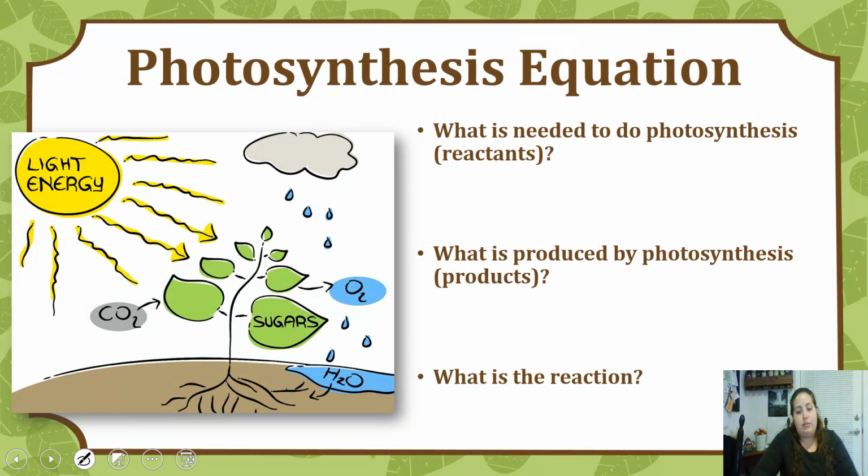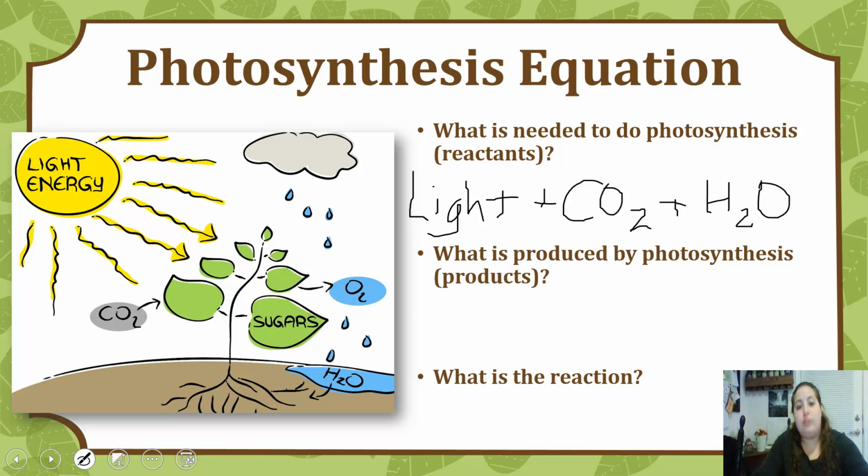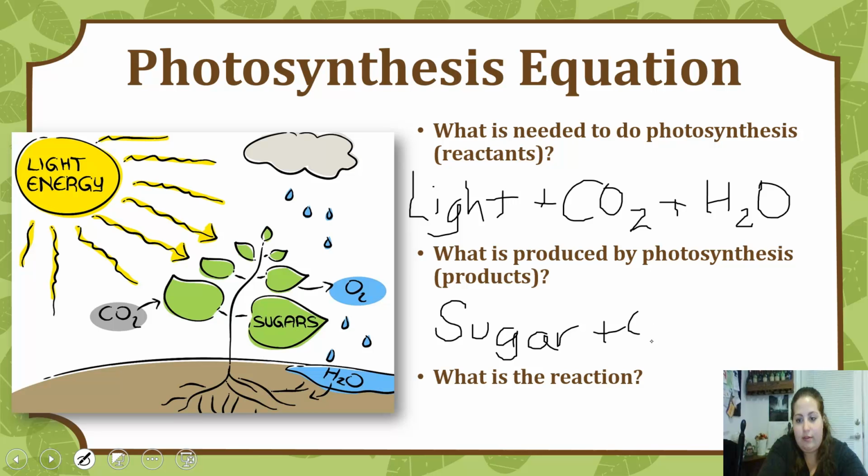So what is needed to do photosynthesis? What are the reactants, the things that are going to react with each other to create a product? Well, we said this is light and CO2, carbon dioxide, and water, H2O. And what is produced by photosynthesis? What are the products? We have sugar, which is our glucose, and we have oxygen gas.